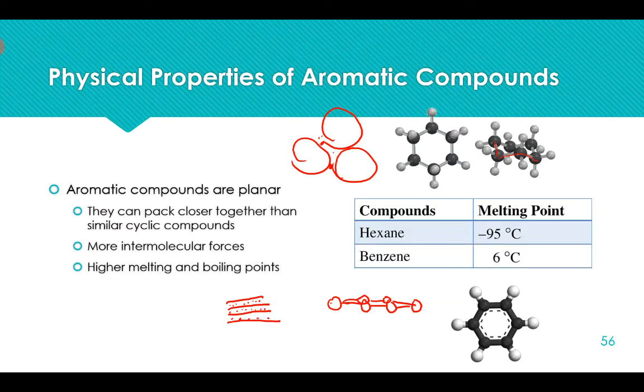So, much more dispersion forces. More packed. And you can see that in the melting point here. This is a negative melting point, and then this one's finally something that's above 0.